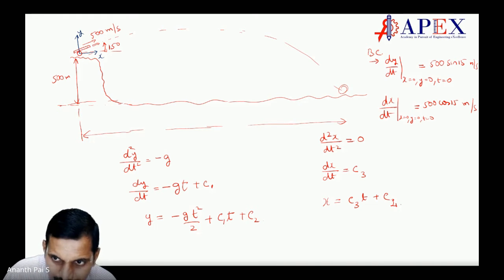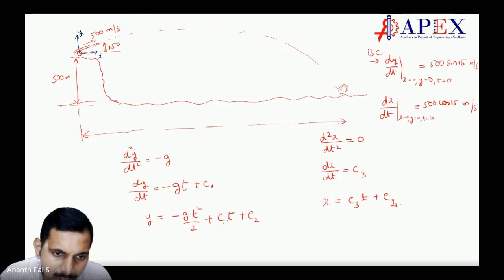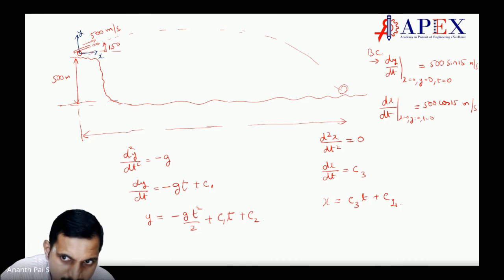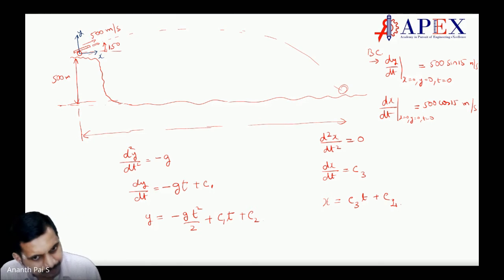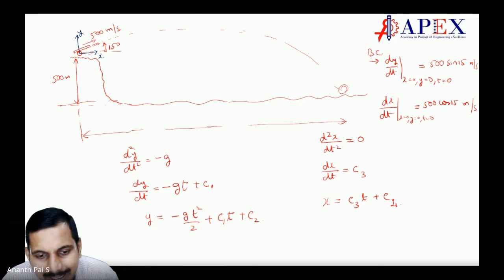Makes sense. After these two are found out, we have found c1 and c3. Now you have to find out the y distance.